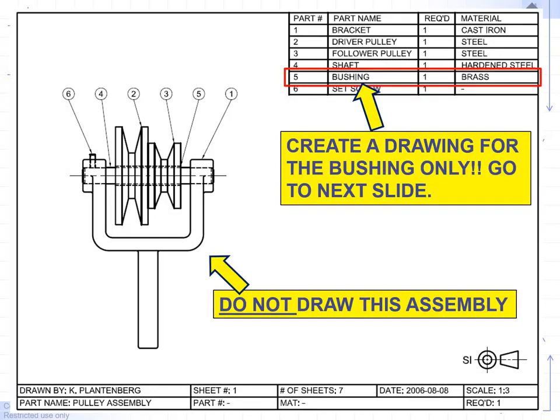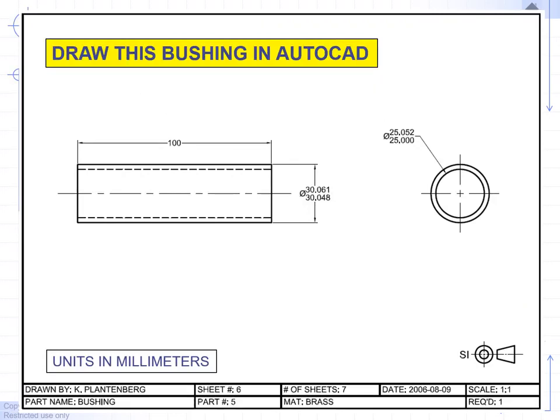For our assignment, we're only going to do the bushing, the bushing that goes inside the hole. In a later chapter, we will be drawing the fork. For chapter 14, once again, there's only one problem. This is the only problem for chapter 14. You're going to draw this bushing. Here are the diameters, the diameter for the inside hole and the diameter for the shaft.